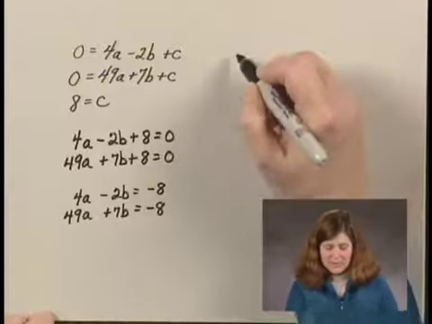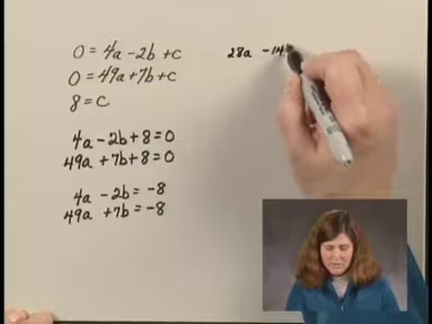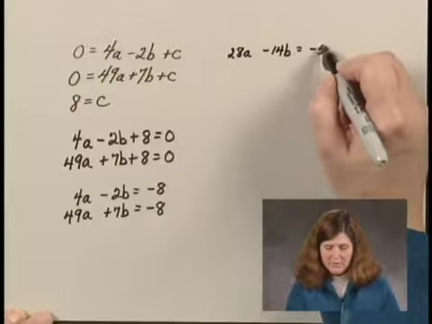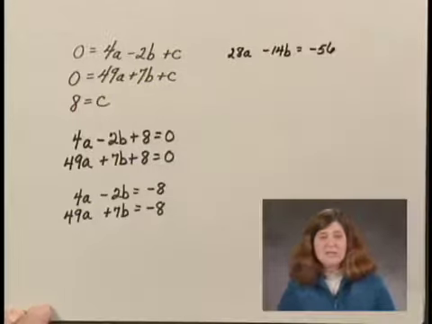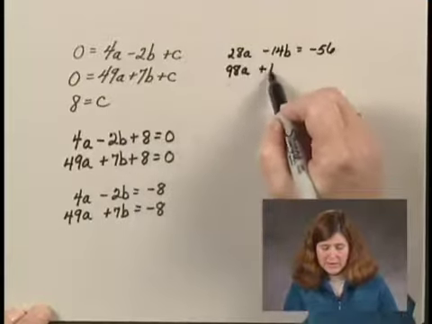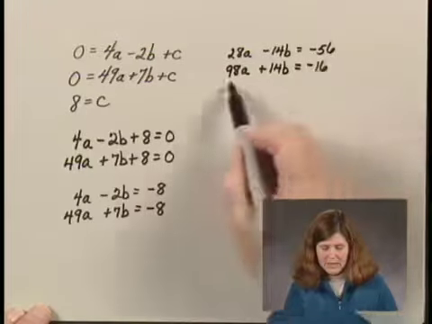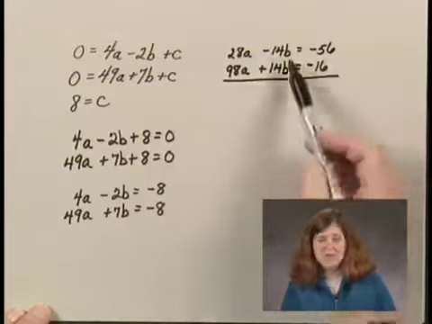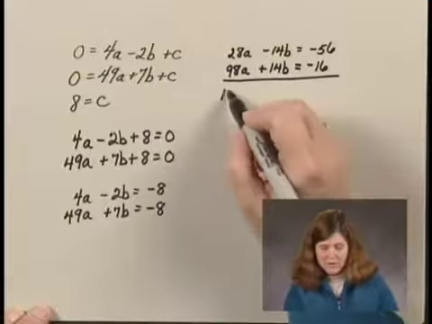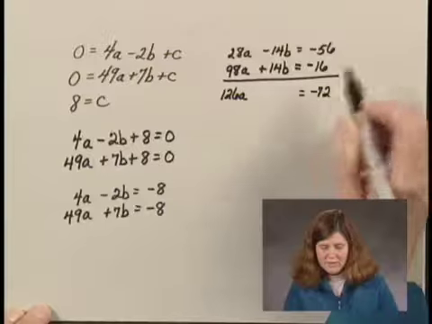Multiplying the first equation by 7, I get 28a - 14b = -56. Multiplying the second equation by 2, I get 98a + 14b = -16. And when I add, the b terms are eliminated, and I have 126a = -72.